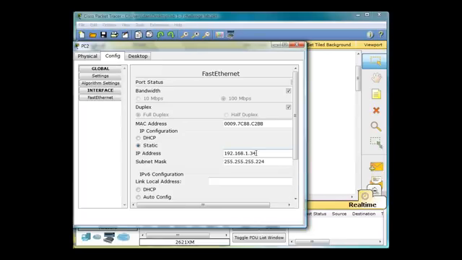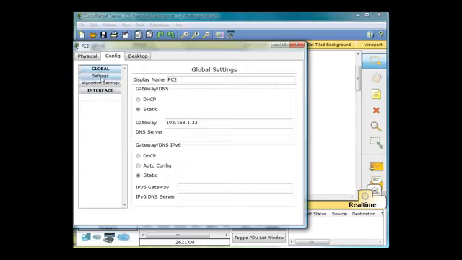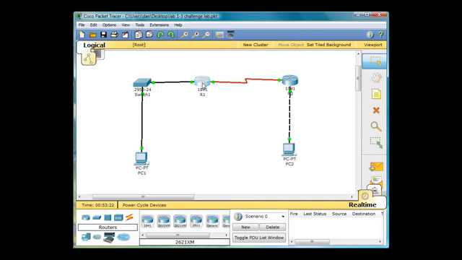Oh, this PC is 34. He's on the 32 network. Okay, he's 34, and he's on the 32 network. All right, that's good. Gateway's 33. So he's on the 32 network. All right, no problem.